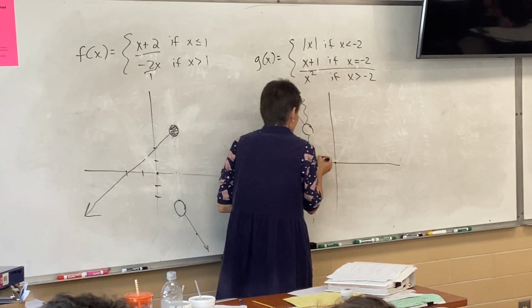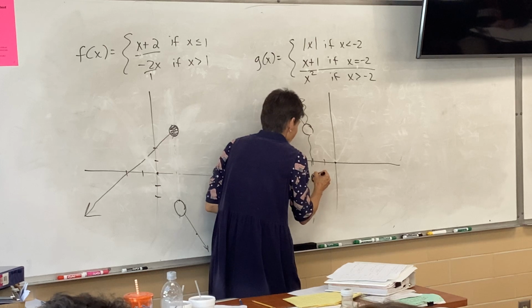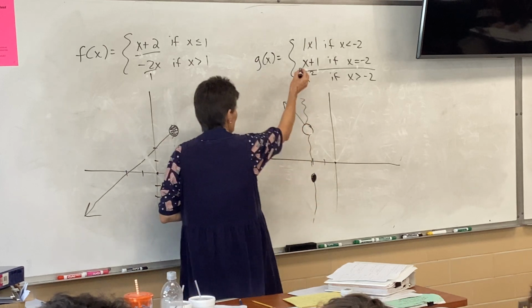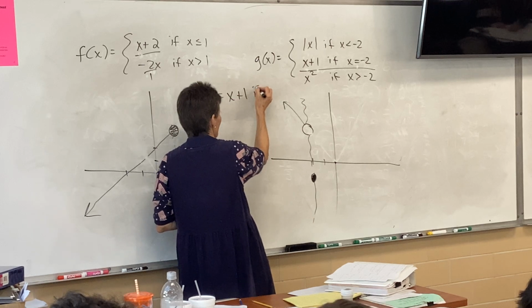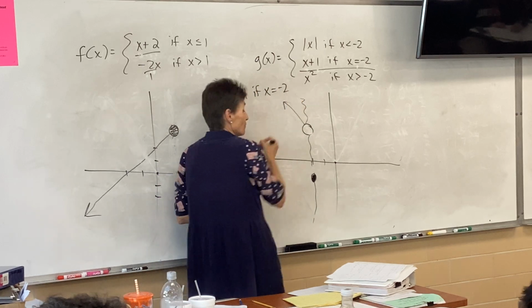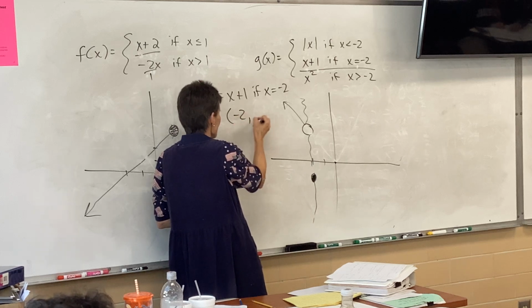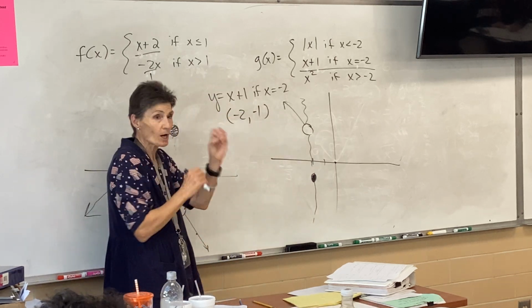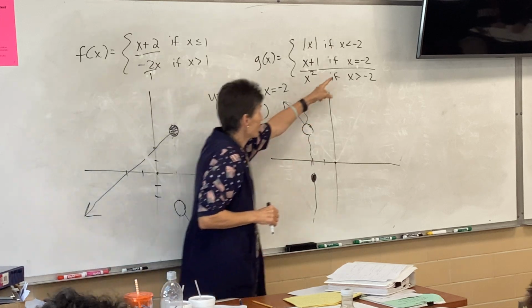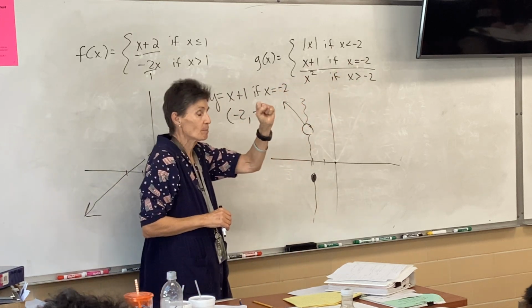So at -2, I get -1. It's that dot right there. This says Y equals X plus 1 if X equals -2. So if X is -2, Y will be -1. That's just a point.